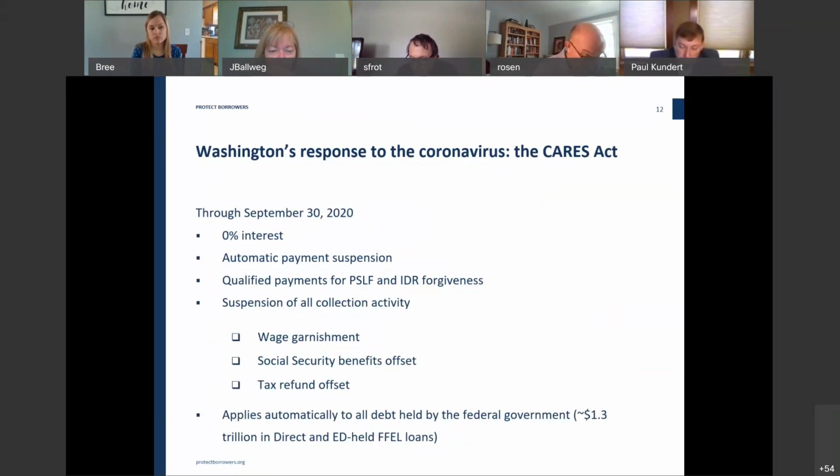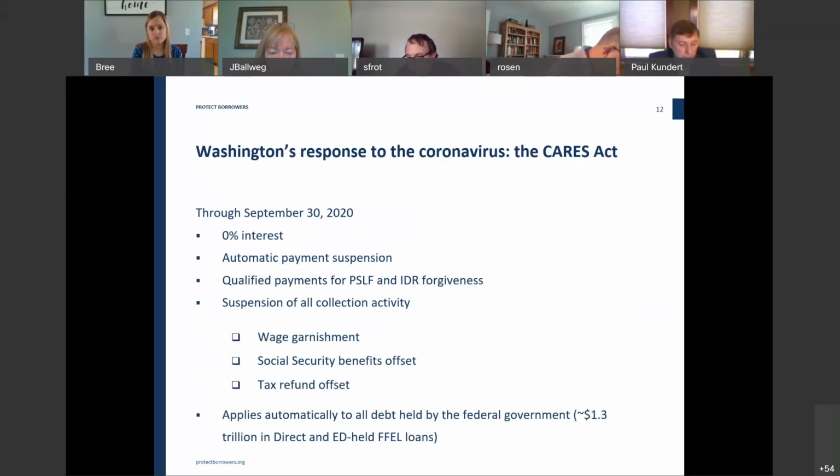In the most positive light, they just put a pause on everyone's payments. In the most suspect way, they kicked the can down the road on thinking about student loans until October 1st, but we'll get there.